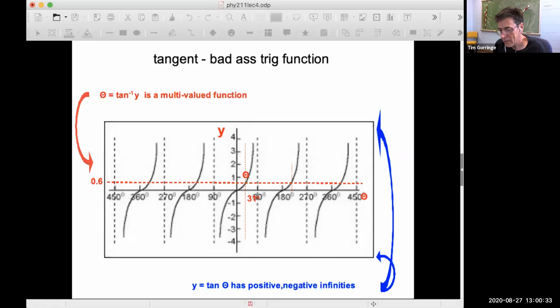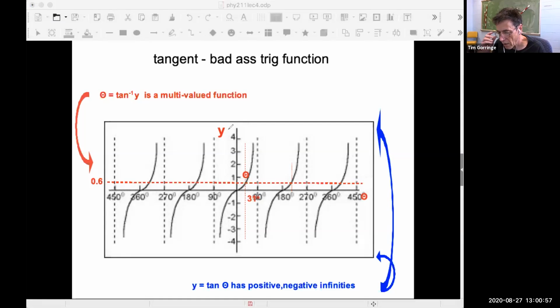And like any family, well, like my family, there's someone that we've elected as the naughty member of the family, or the troublemaker in the family. And tan, I would say, is the troublemaker in the trigonometric family. And the reason I say that is for a couple of reasons.